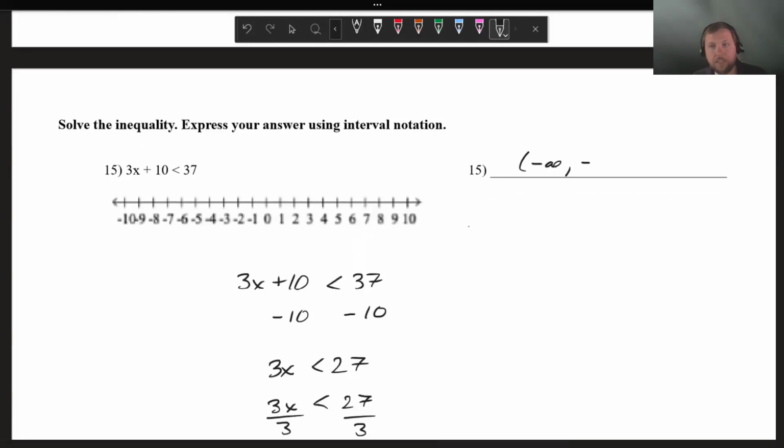Oh, positive 9. And then, so I put parentheses there. And again, this is just mimicking the interval notation.